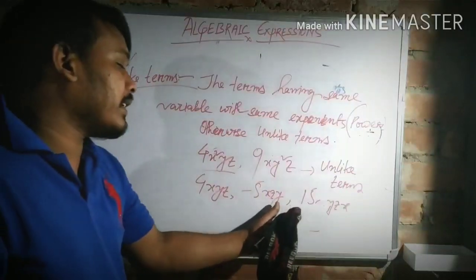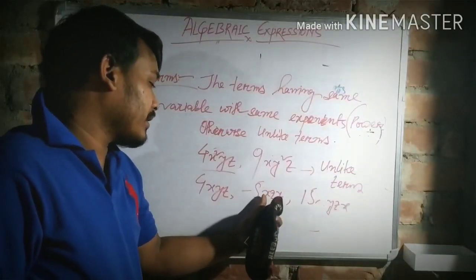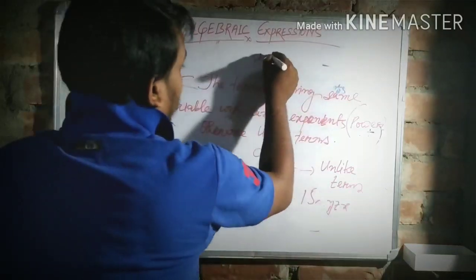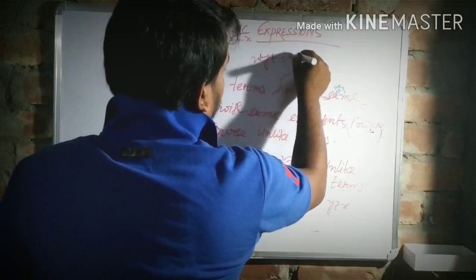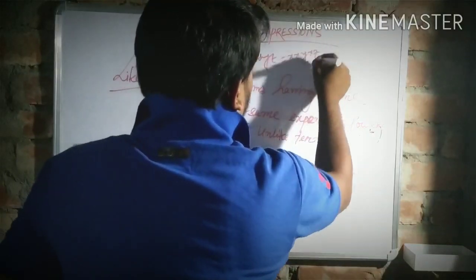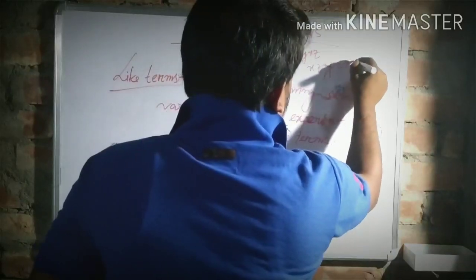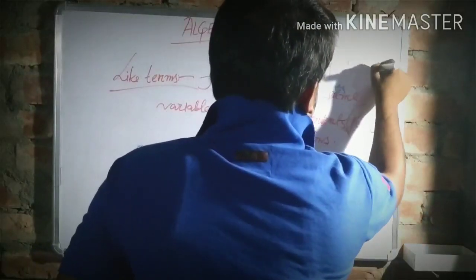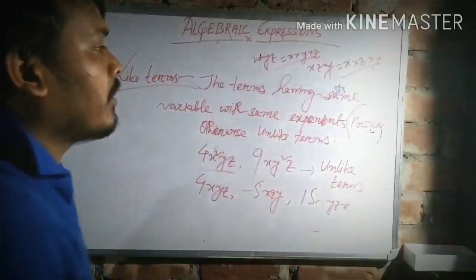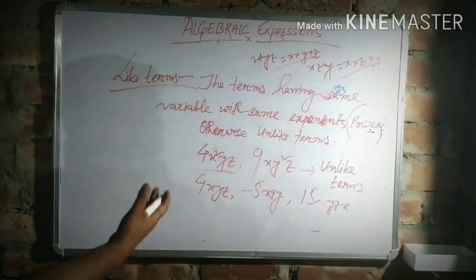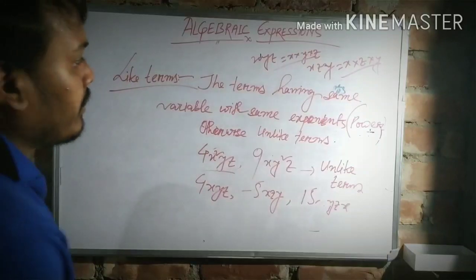And xyz and xzy mean the same, because xyz means x into y into z, and xzy is x into z into y, and multiplication is commutative. So no problem in either case. So like terms and unlike terms are complete.